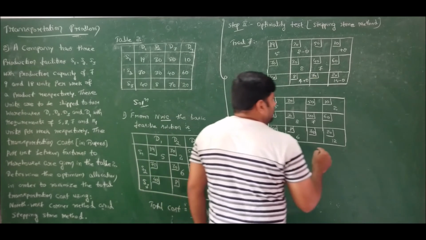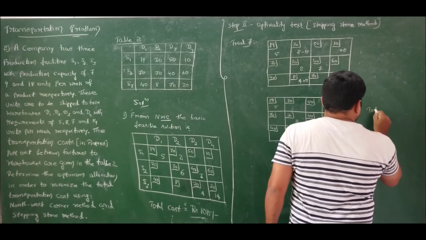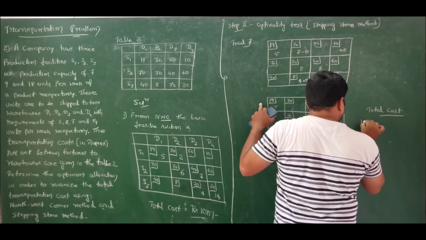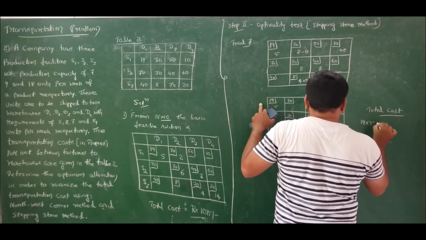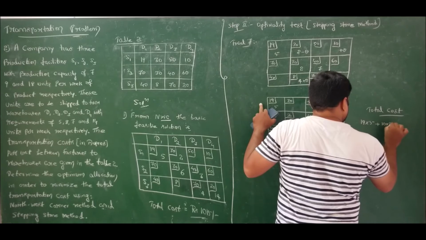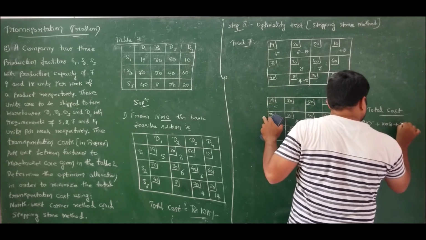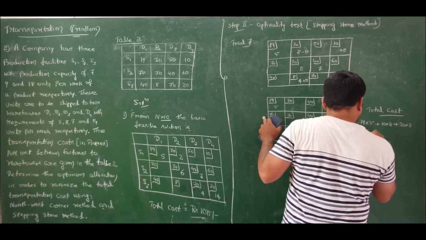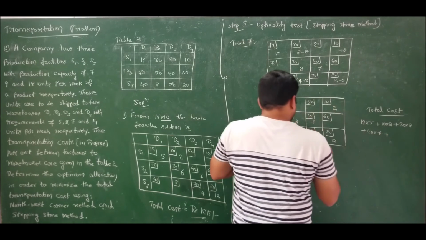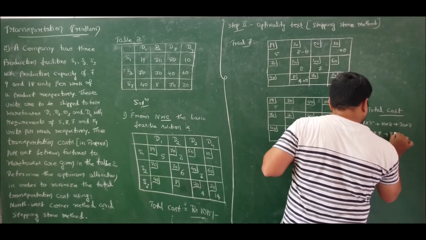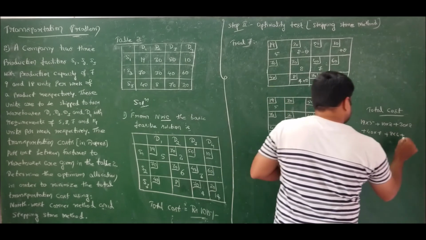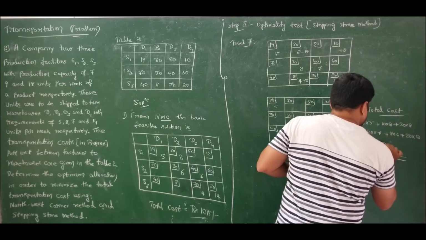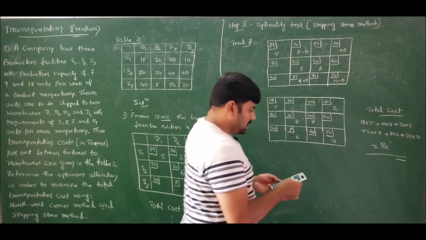So the total cost will be 19 into 5 plus 10 into 2 plus 30 into 2 plus 40 into 7 plus 8 into 6 plus 20 into 12. How much is the total cost now? Is it less than 721?